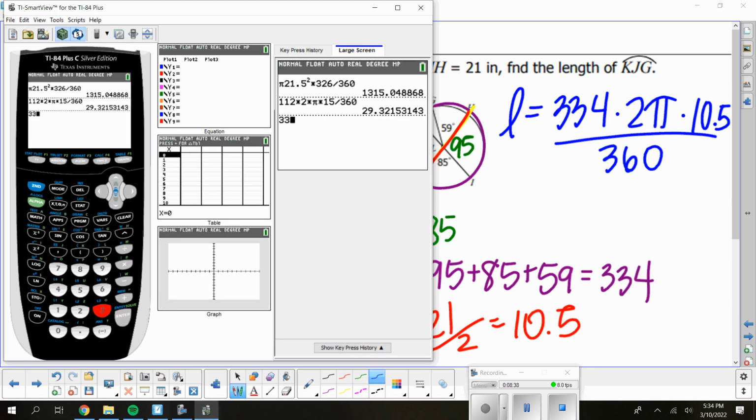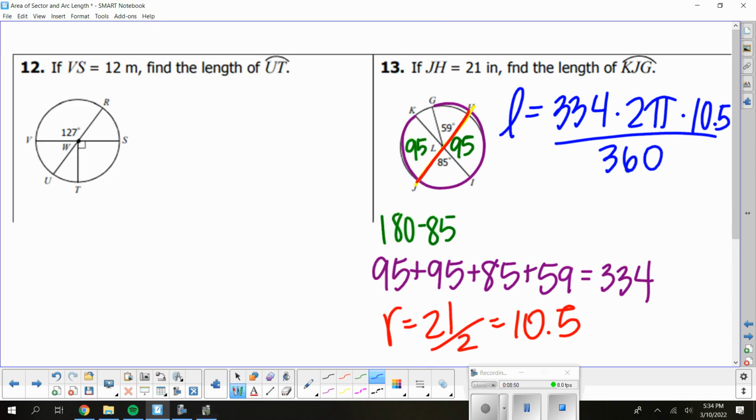So 334 times 2 pi times 10.5 divided by 360 for a length of 61.21 inches. All right, you guys go ahead and pause the video and answer number 11 on your own. Please bring any questions you may have to class tomorrow.